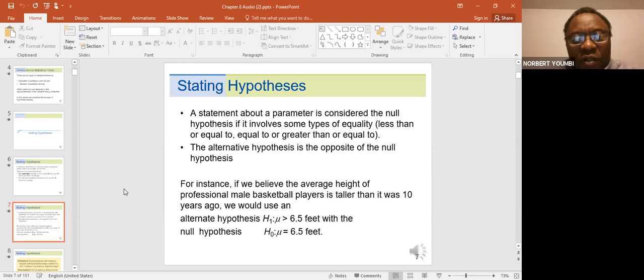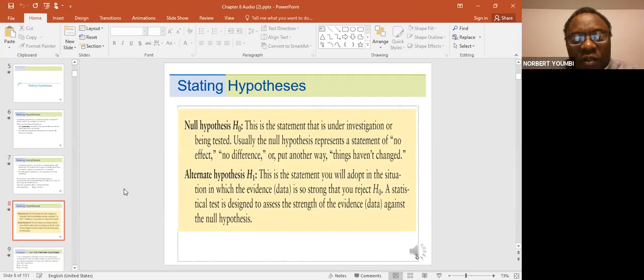In this case, the null hypothesis is H0, mu equals 6.5. Even though the null hypothesis could be greater than or equal to, or less than or equal to, we will generally express it as an equality to reflect the fact that it involves equality.